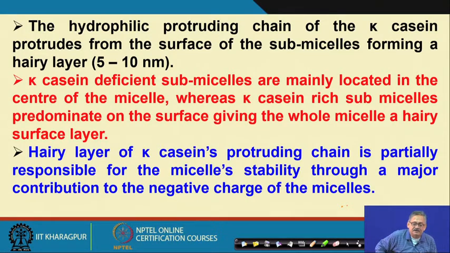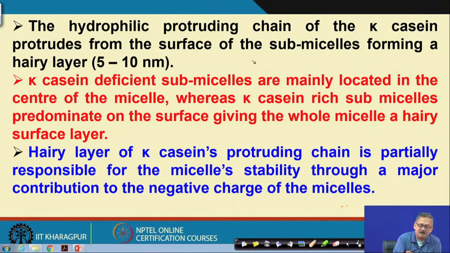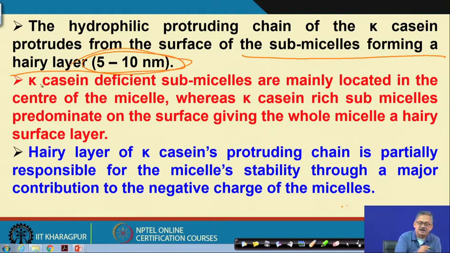The hydrophilic protruding chain of the kappa casein protrudes from the surface of the sub-micelle, forming a hairy layer which is around 5 to 10 nanometer in size. This hairy layer we have seen here.